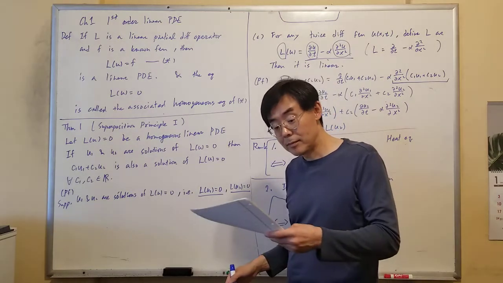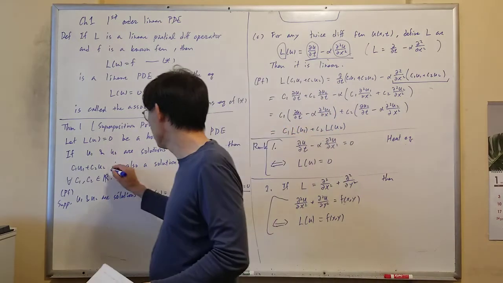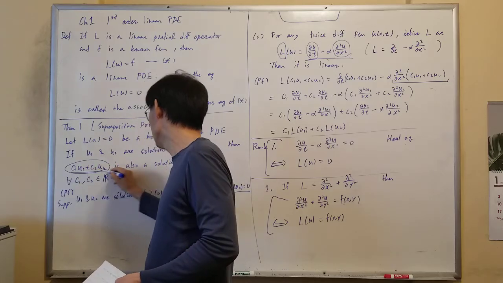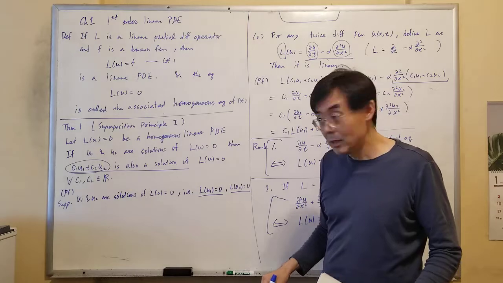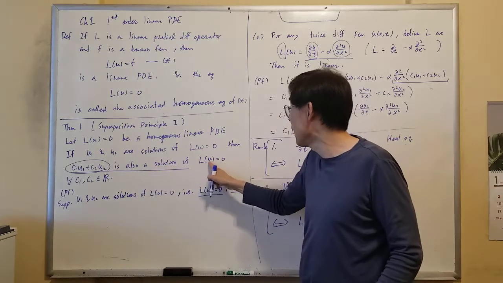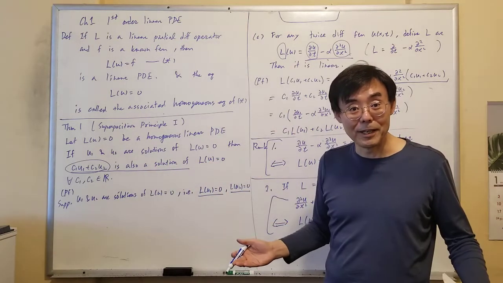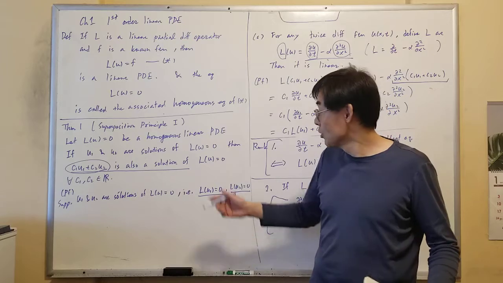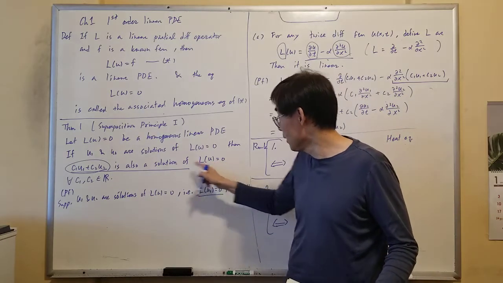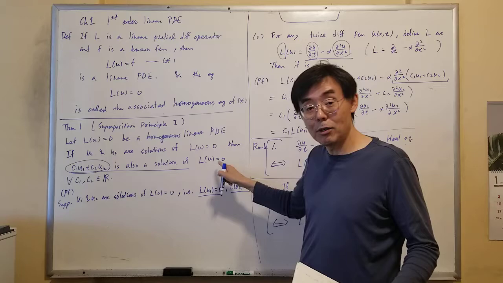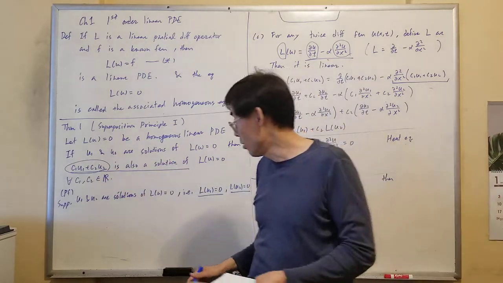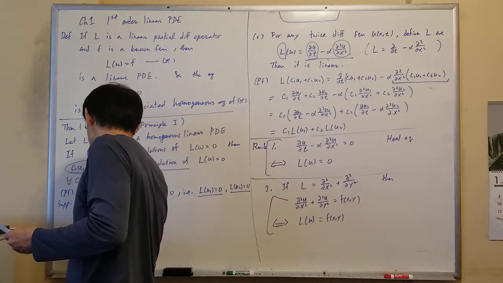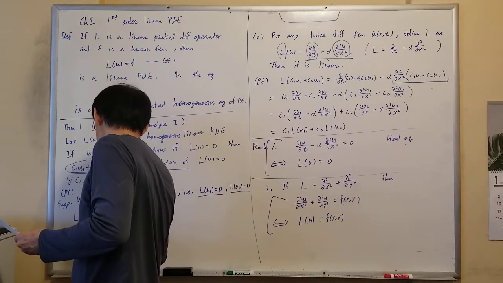Now, how do we show that C1 U1 plus C2 U2 is also a solution? It is a solution if L of that equals 0 identically. So let's consider L of C1 U1 plus C2 U2.